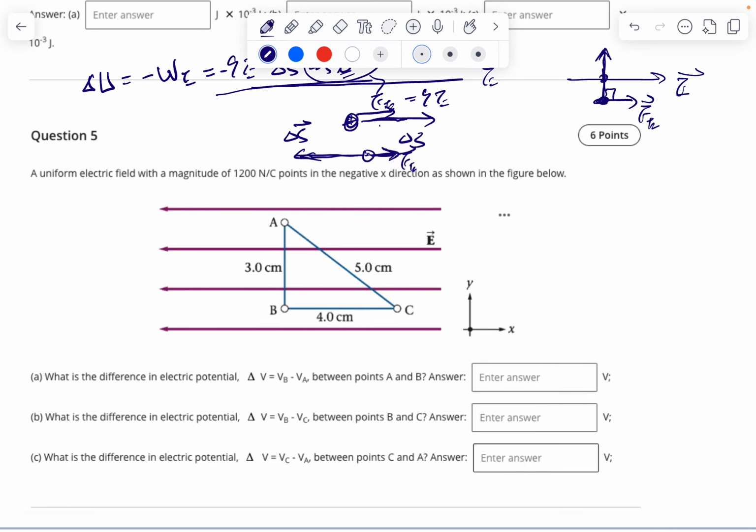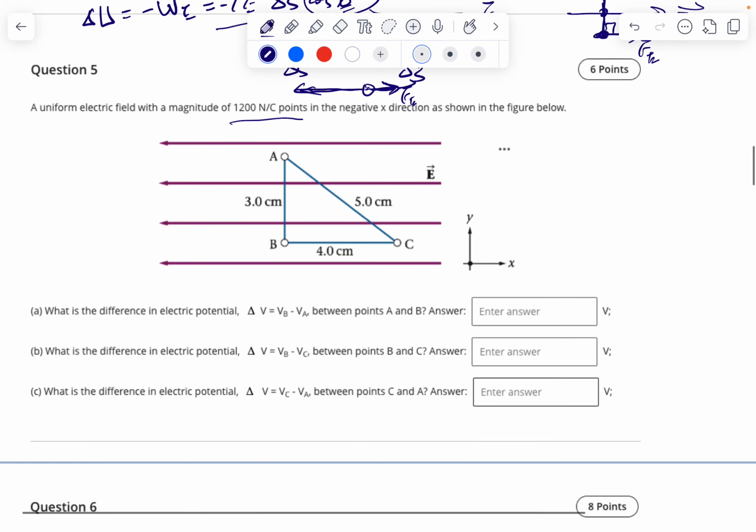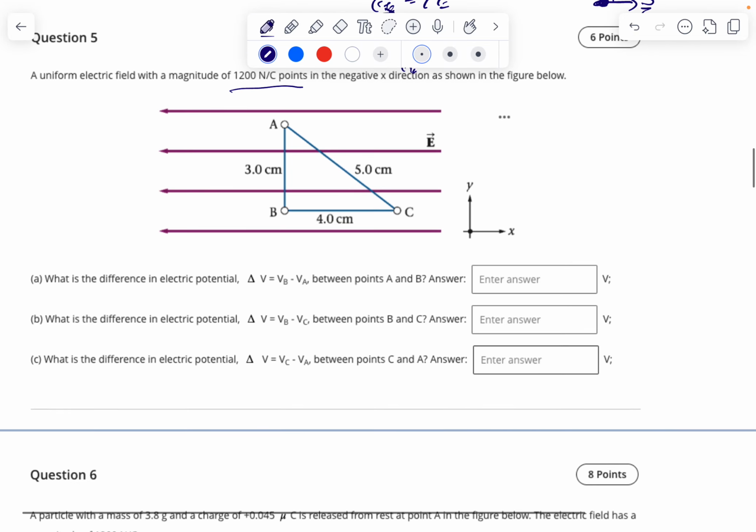Number 5: a uniform electric field with this magnitude in the negative x direction, as in the figure. What is the difference in electric potential between B and A?